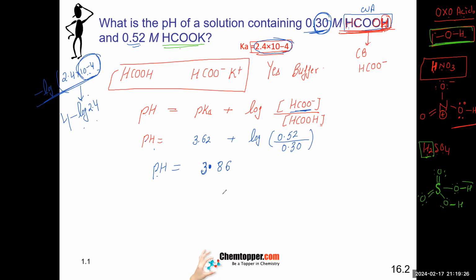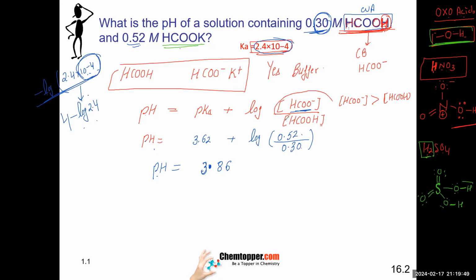Azuni, can you check? I think you have taken this ratio wrong. If you see, the concentration of HCOO minus, the conjugate base, is more than the concentration of HCOOH.